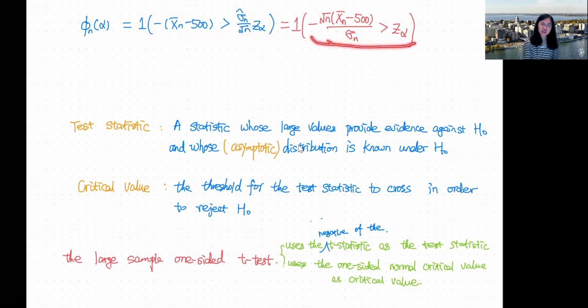But considering this expression is useful because the inequality inside the indicator function separates the random part, which is this, and the non-random part. The random part will be called the test statistic, and the non-random part is called the critical value.